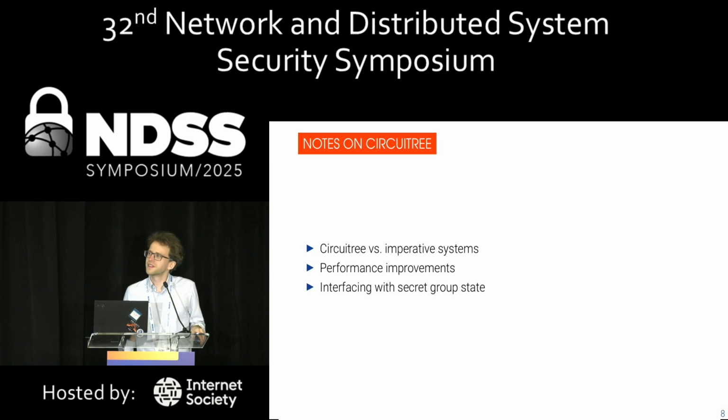One of the details that we usually leave to the imagination, you could say, is how to interface with the secret group state, because these facts like the group structure have to come from somewhere. You have to certify that this is correct data, and only then the Circuitry system can actually act on it, right? How do you do that?